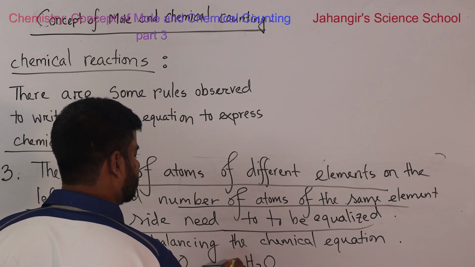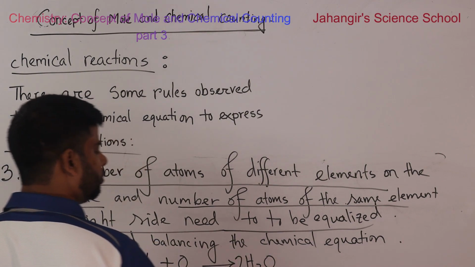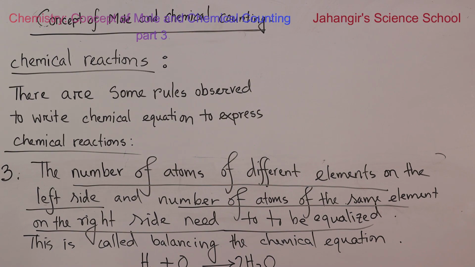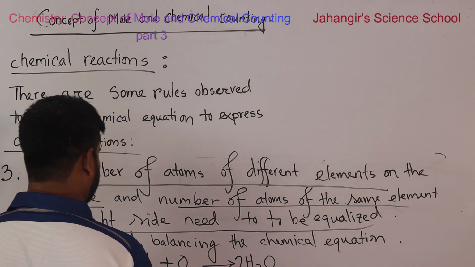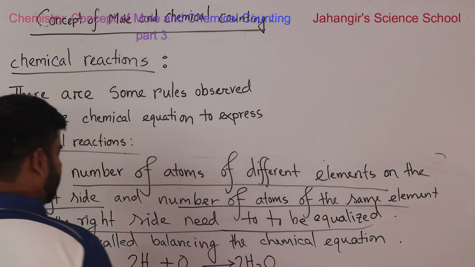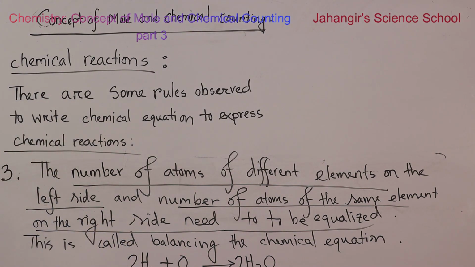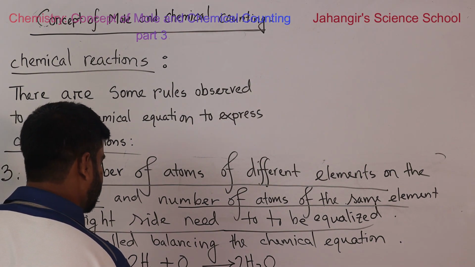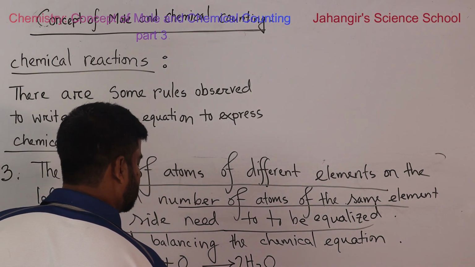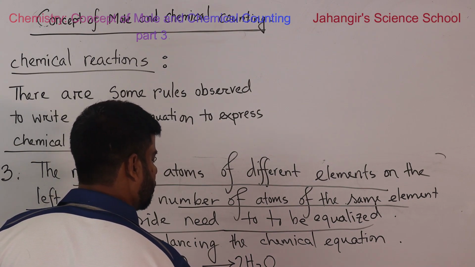So to equalize, we multiply H2O by 2. But now hydrogen is 2 times 2, which is 4, so we have to multiply the left side also by 2. Then we can write 2H2 plus O2 equal to 2H2O.